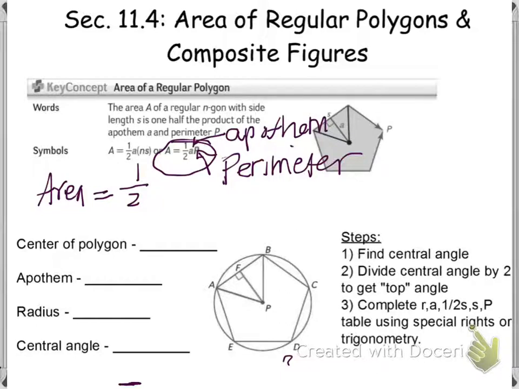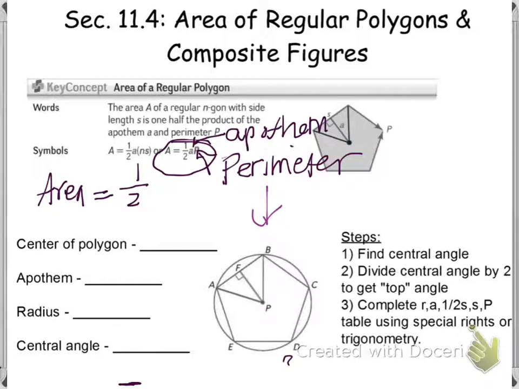Okay, so you're going to take 1/2 of the apothem times the perimeter. And so if we look at this polygon down at the bottom, we're looking at this circle and we have a regular polygon, a regular pentagon to be exact, inscribed in this circle.